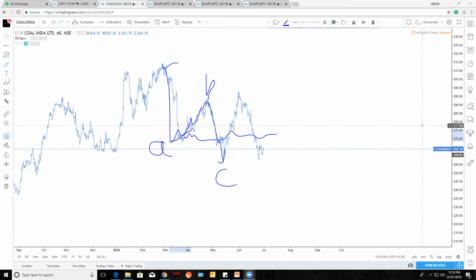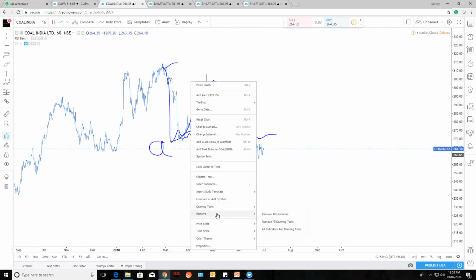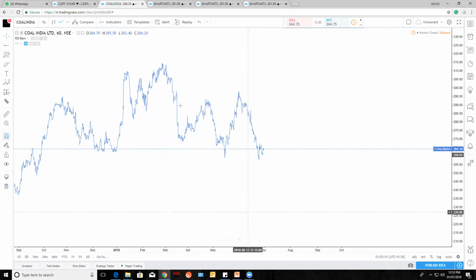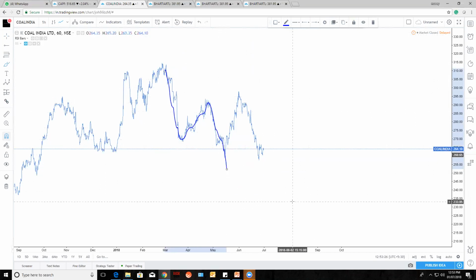Sorry guys, let's see. This is an ABC structure. It is looking like a simple zigzag correction, right? Here you can see the structure of A, here is B, and here is C, right?